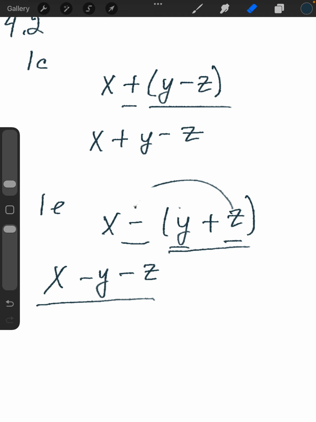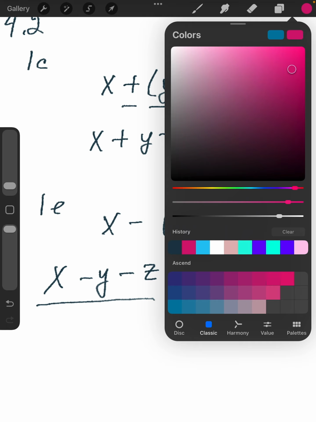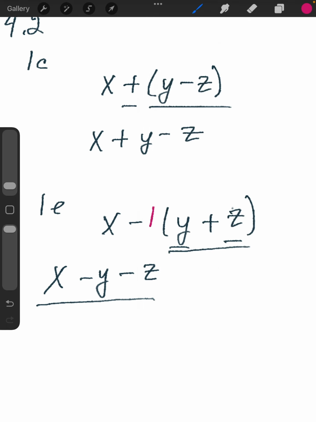Now, what is actually happening in reality is that there is an invisible number 1, right? The negative 1 that you're really multiplying these variables by, right? So we've got negative 1 times y plus z.